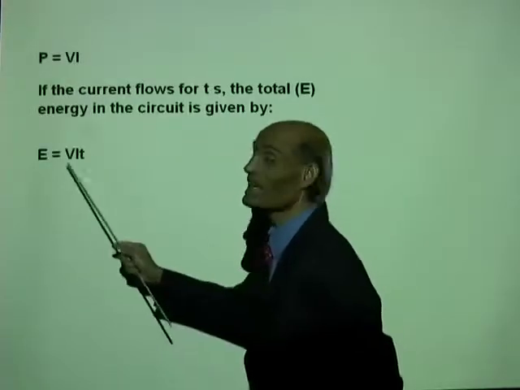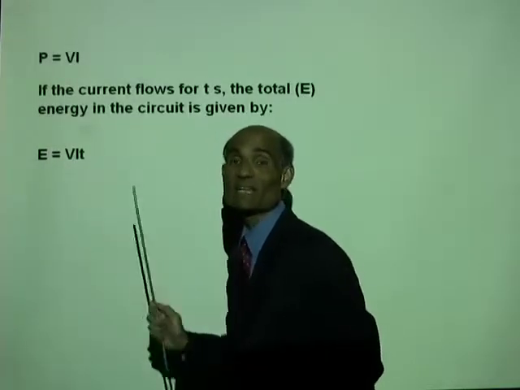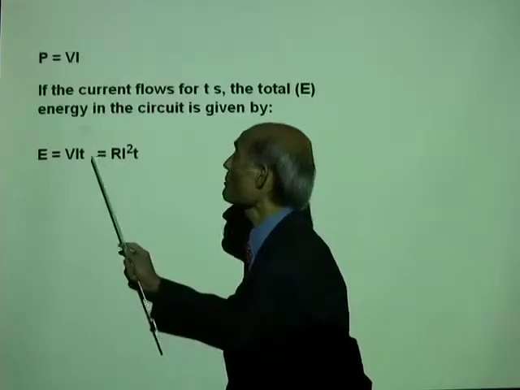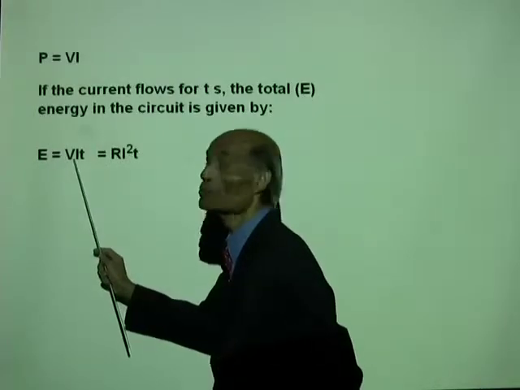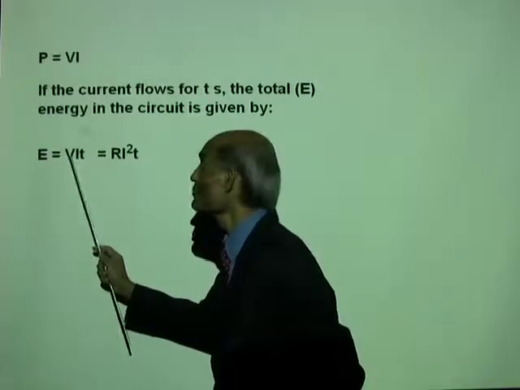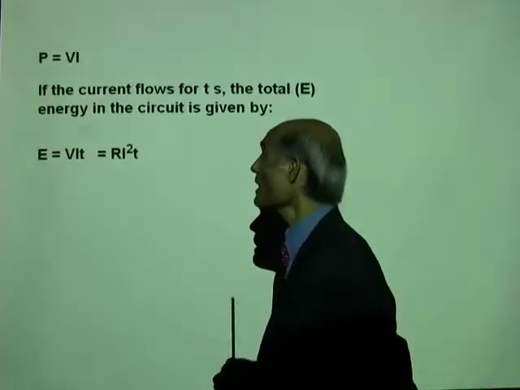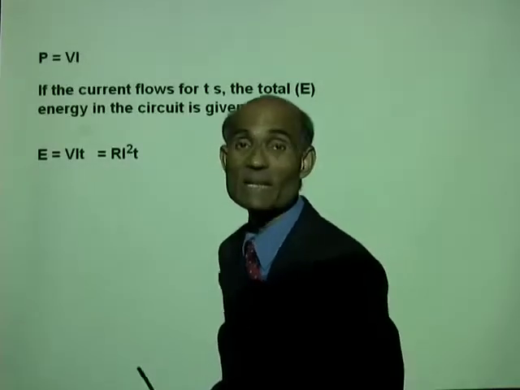Therefore, in t seconds, the total energy will be VIT. If I write V using Ohm's law, V equal to RI, that will be RI times IT, equal to RI squared T.